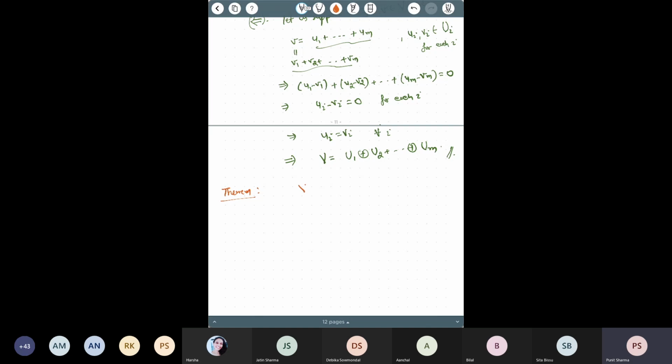So suppose that we have a vector space V, and suppose that we have two subspaces U and W of V. Then V is the direct sum of U and W if and only if V is the sum of U and W and the intersection of U and W contains only the zero vector.